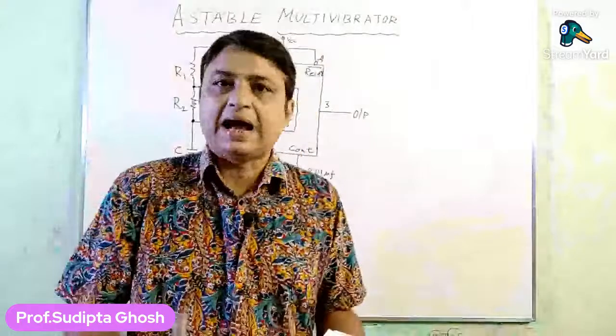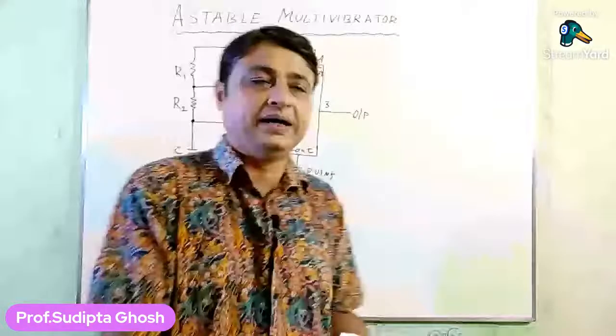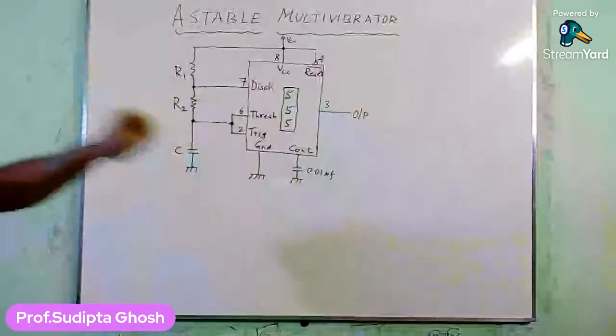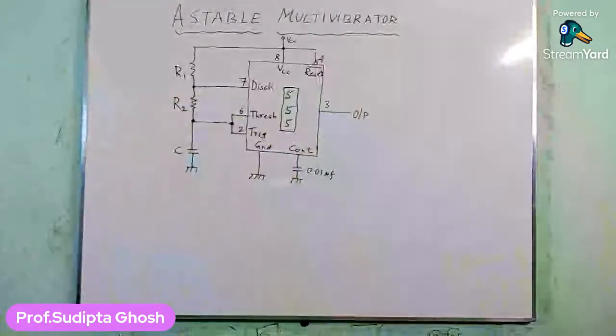So pin number 7 is practically isolated or disconnected. As pin number 7 is practically isolated, what will happen?